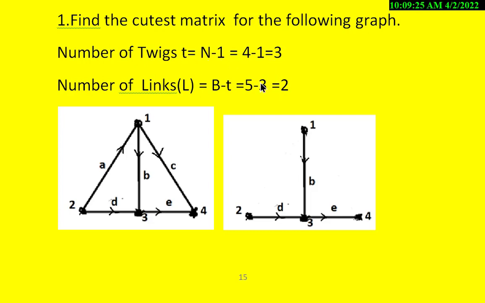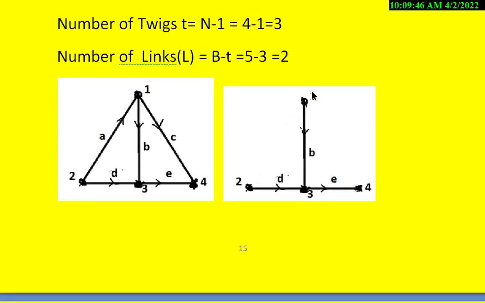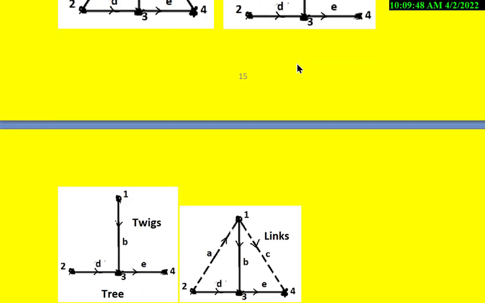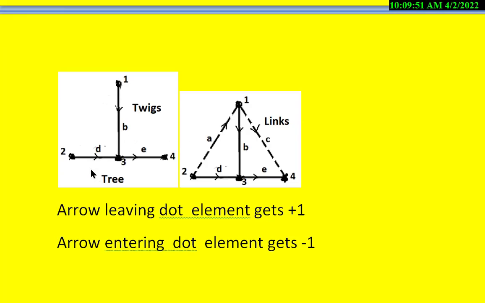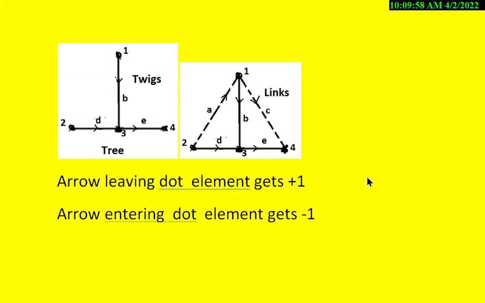The total number of branches is represented by capital B, and the number of twigs is represented by T. So B minus T means 5 minus 3 is 2. So this is the tree, and these thick lines are called the twigs, and these dotted lines are called the links.